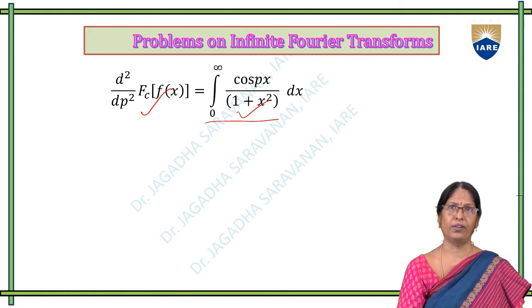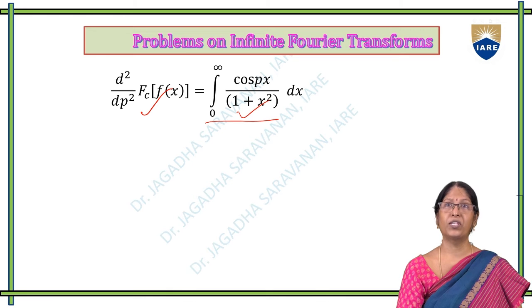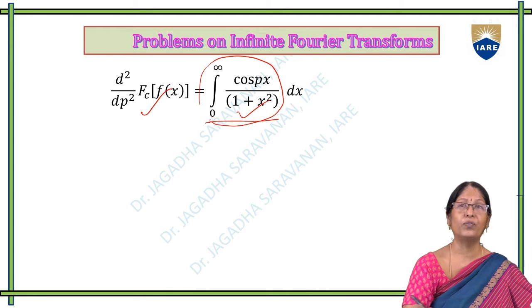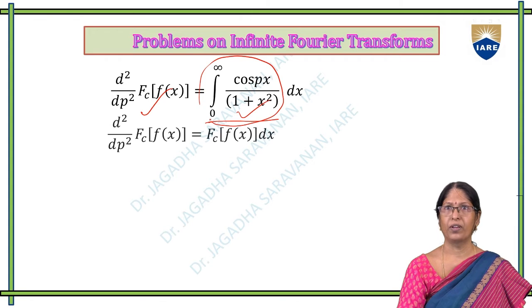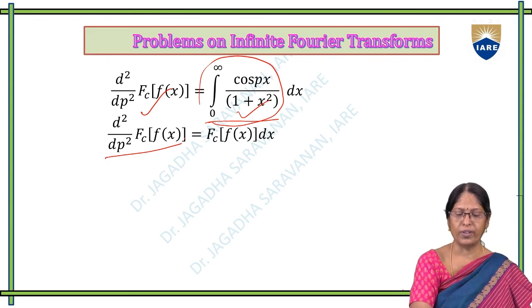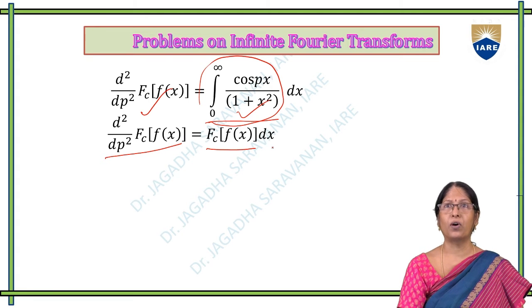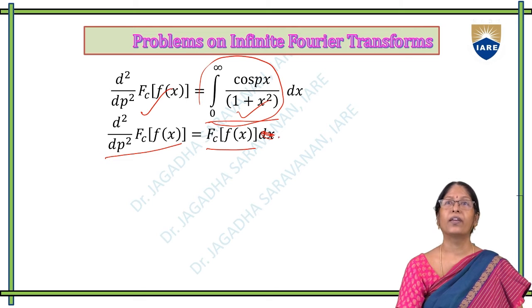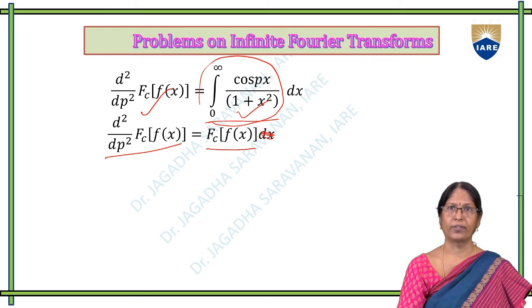What is the question? We did fc of f of x is coming back again. That we noticed it here. So the 2 times derivative, it's nothing but fc of f of x.